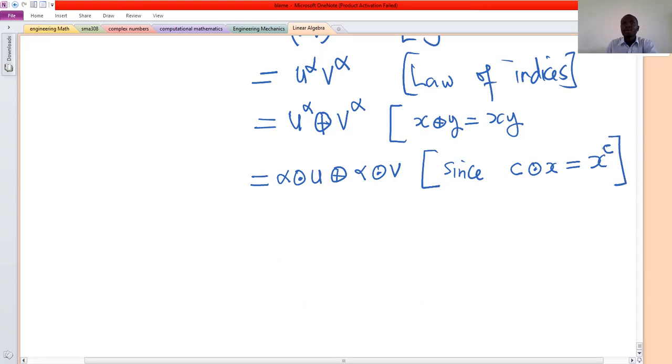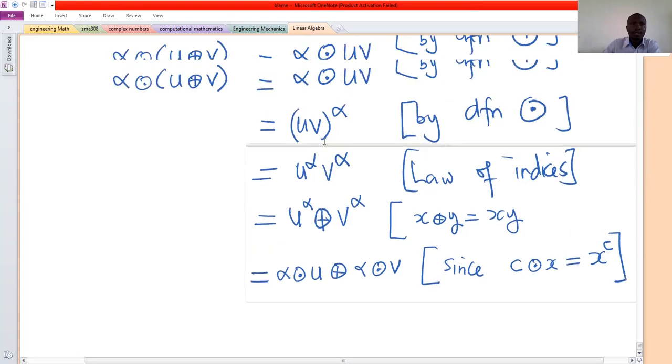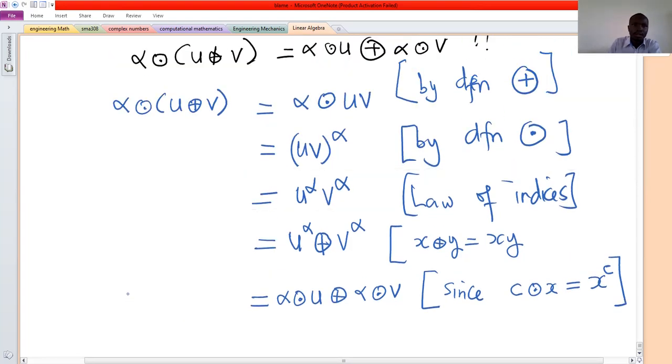So when you have x raised to power c, then it must have come from c times x, according to the definition on this set. So this is alpha times u plus v gives us this. And actually, this is what we are supposed to prove.